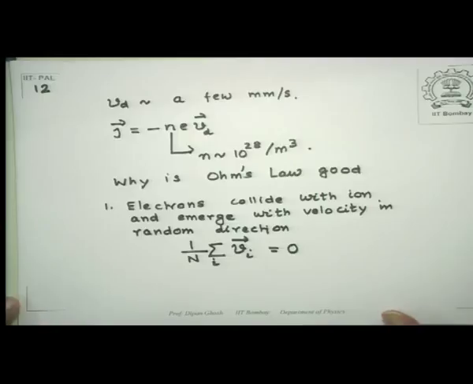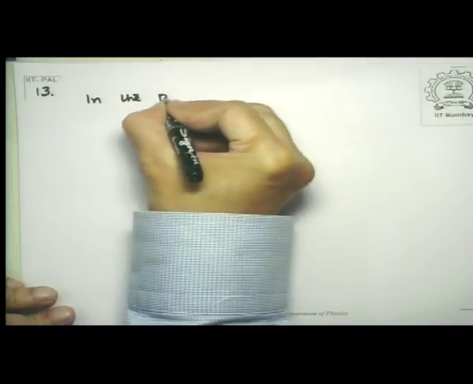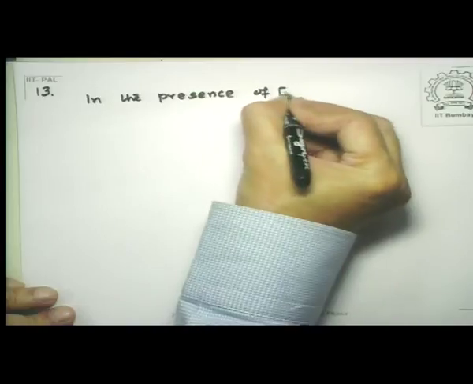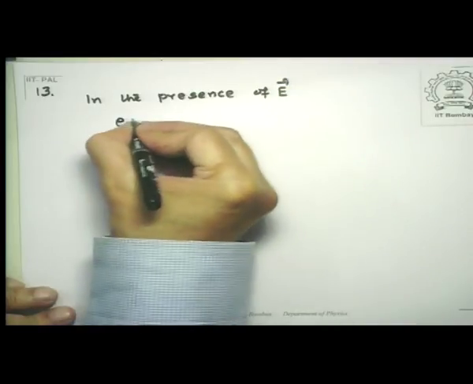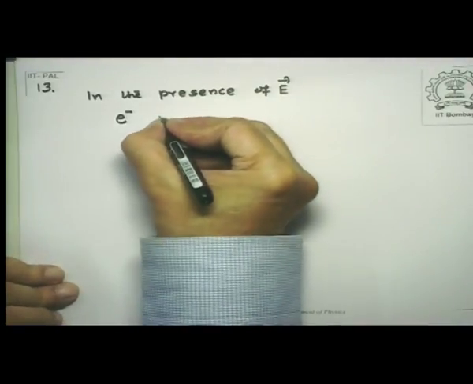So, let us look at what happens if I now put in an electric field in it. We said in the presence of an electric field, the electrons would get accelerated. So, the way the thing works is this. In the presence of an electric field, electrons, which I will write for shorthand by E minus, get accelerated.